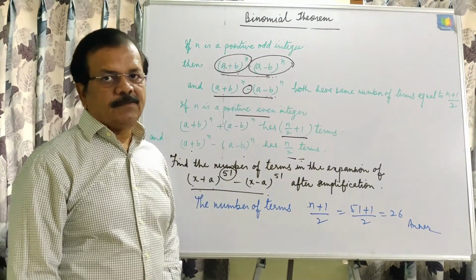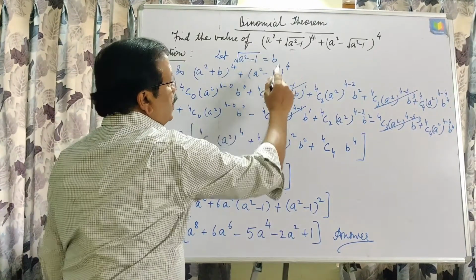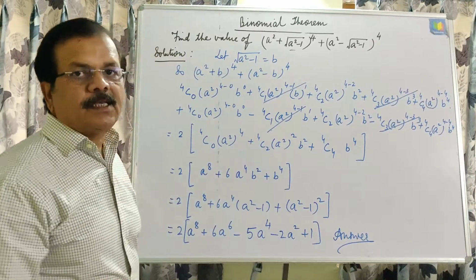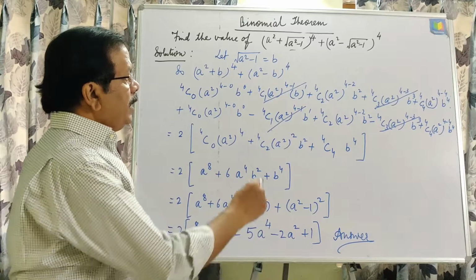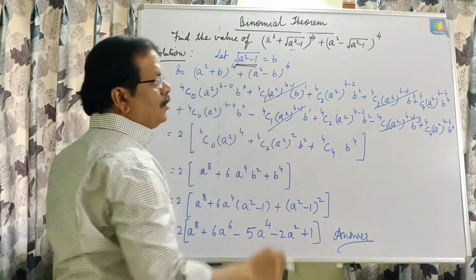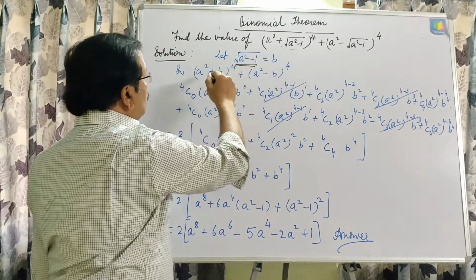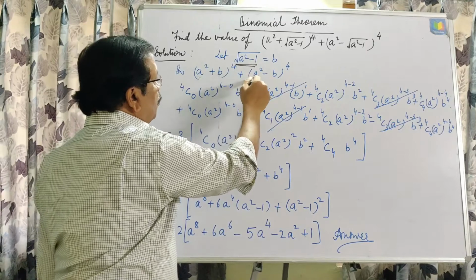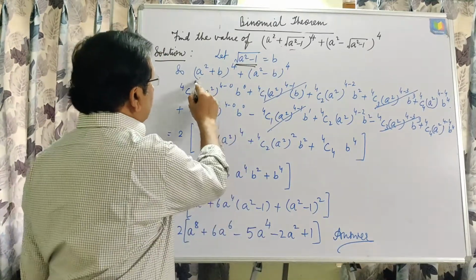Now next question. Find the value of (a² + √(a² − 1))^4 + (a² − √(a² − 1))^4. In this question, this irrational number we will write in terms of b, and then this changes into (a² + b)^4 + (a² − b)^4, and then expand this.